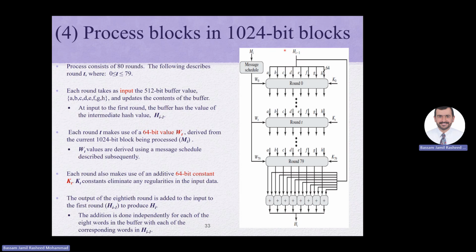I started with Hi minus 1, which means the output of the previous stage, and I produce the output Hi for processing Mi. So obviously you can see round 0 all the way to round 79.